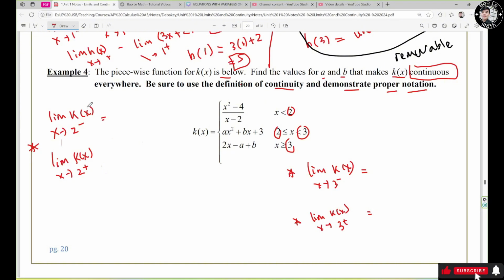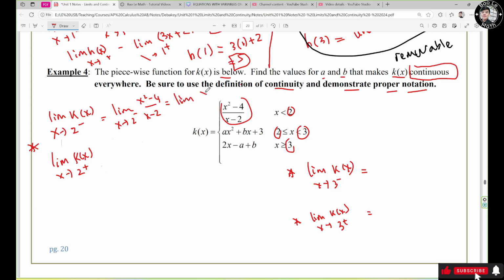Limit of function k of s when s approaches 2 minus, we're going to use this guy right here, right? So it's going to be limit of (s squared minus 4) over (s minus 2) when s approaches 2 minus, right? Now you need to simplify this one before you plug it in, right? So I'm going to use difference of two squares.